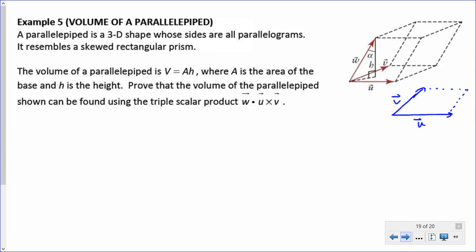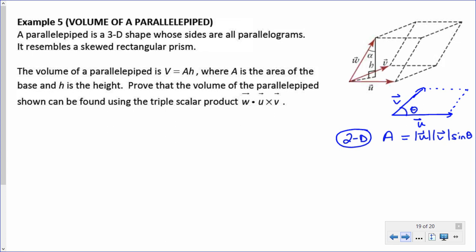The area of a parallelogram is magnitude of u times magnitude of v times sine of the angle between. That's the magnitude of the cross product, the area of the base, which is the area of the parallelogram, the base of the parallelepiped.